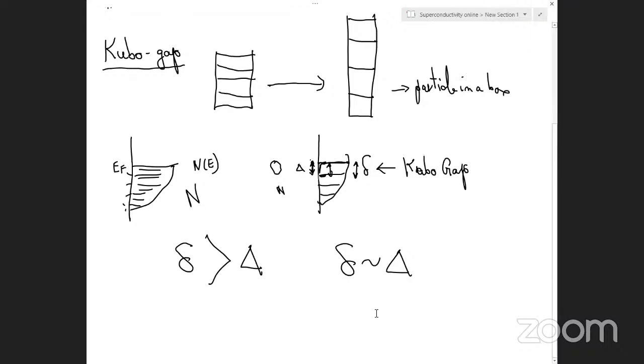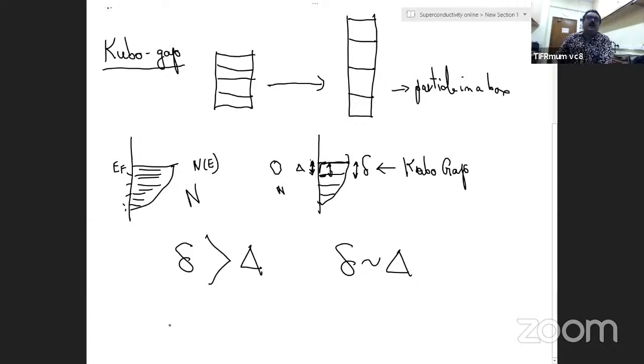Alright, so this is the limit of superconductivity, and typically this happens below 10 nanometer. For example, in niobium, this happens at 8 nanometer.